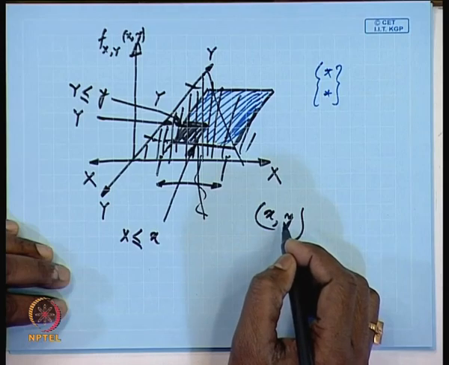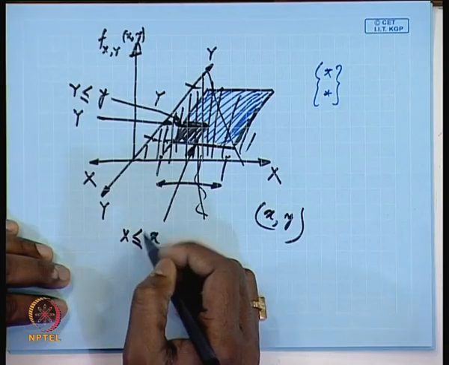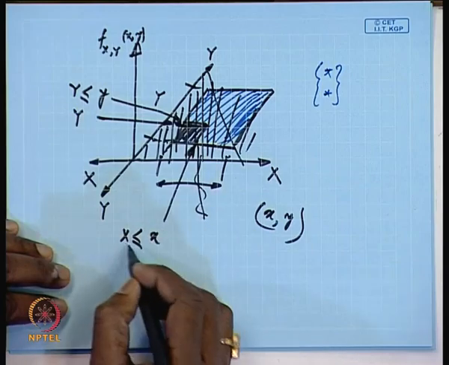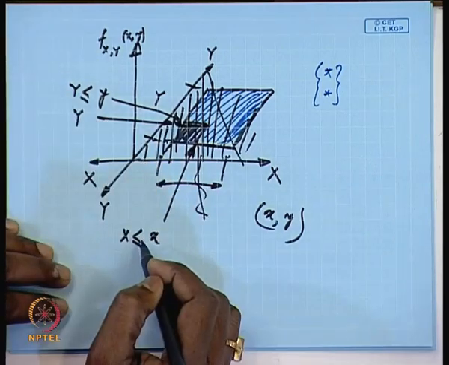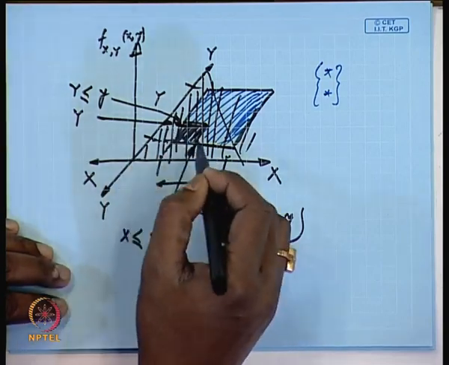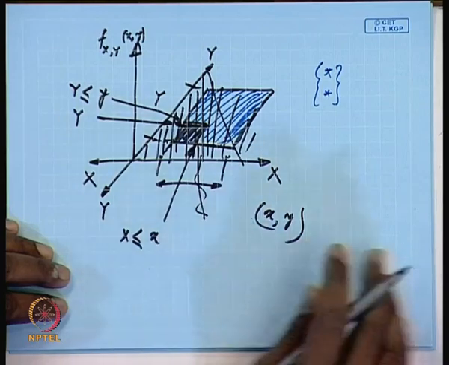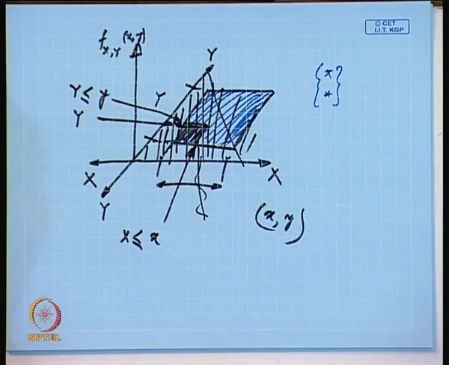What I want to stress is that the occurrence of both events is important. It is not either of the two, but this as well as this. When both are satisfied, that is the basis of defining the cumulative distribution function.